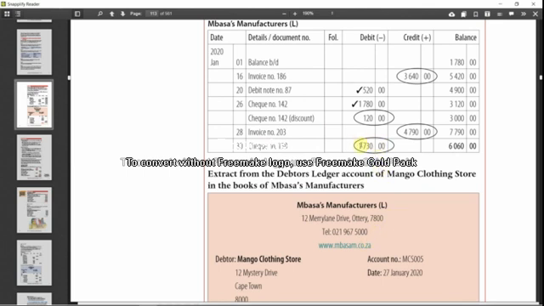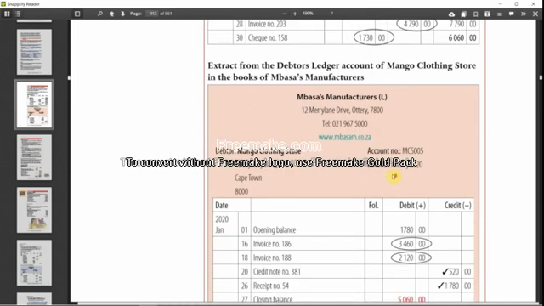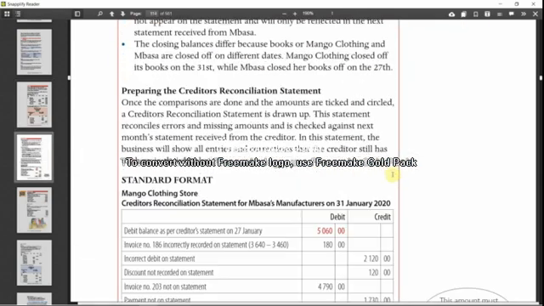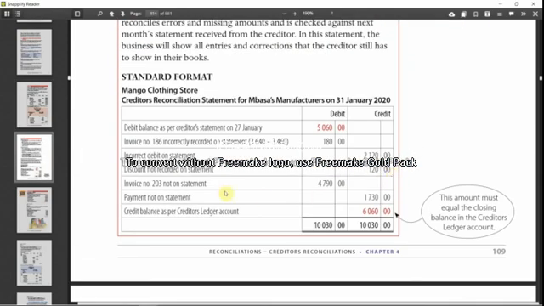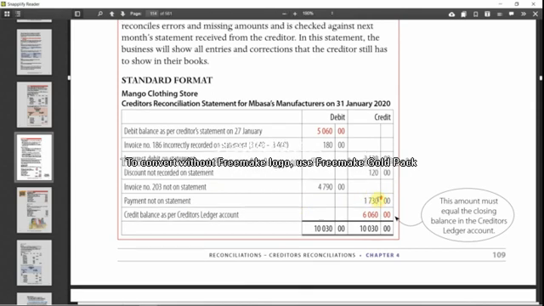So for now, we have to add it on our equivalent of their statement, the creditors recon, but on the opposite side, because from their perspective it is the opposite than from our perspective. So it's a 1730 on the credit side. So payment not on statement, 1730 on the credit side.